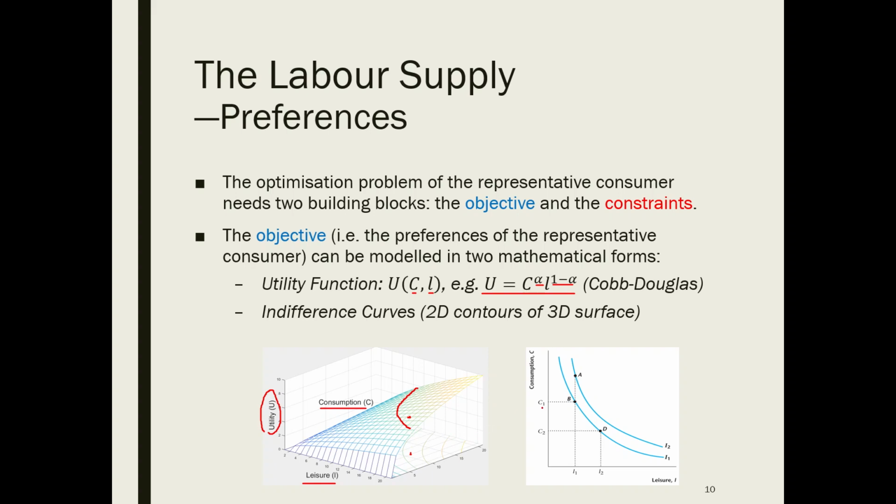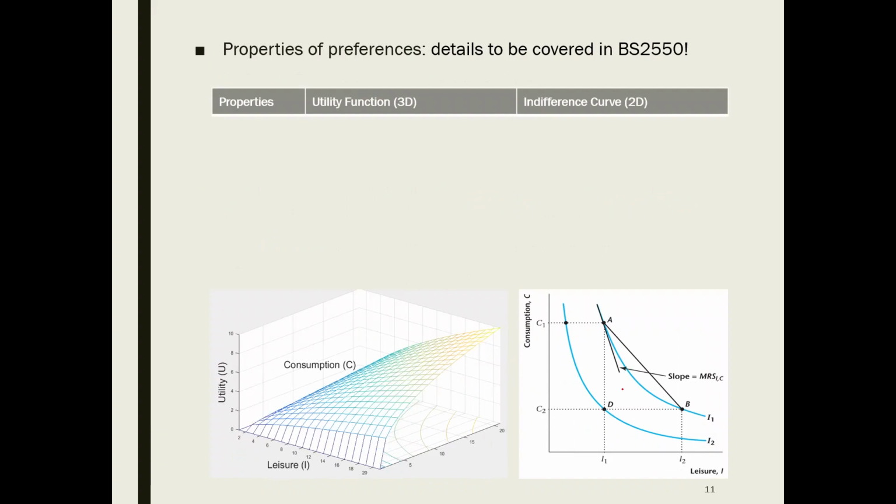As you can see, a higher utility level results in a higher indifference curve. In fact, these should be taught in your microeconomic theory, but I quickly run through this knowledge to facilitate your understanding in macroeconomic context.